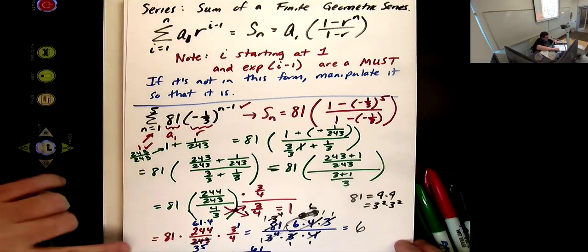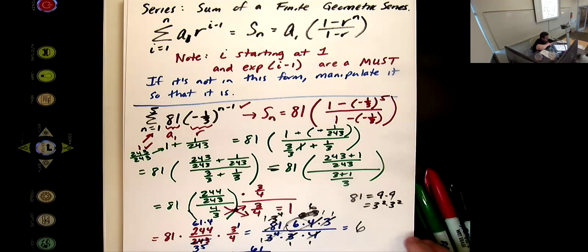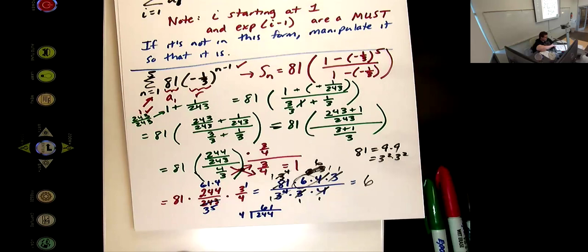Don't believe me? Plug in 81 times 244 divided by 243 times 3 divided by 4, and you will get 61. Or I messed up somewhere in my math. Davis doesn't believe me. He went for his calculator. That hurts, Davis. That's just insulting.